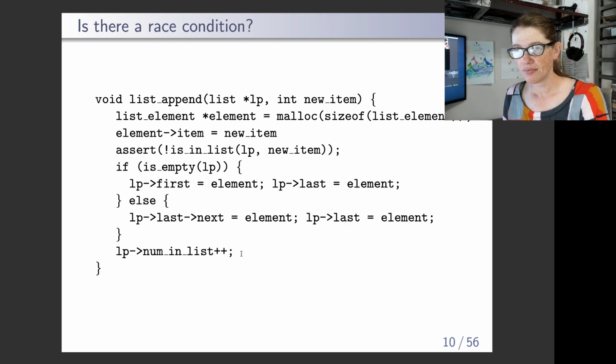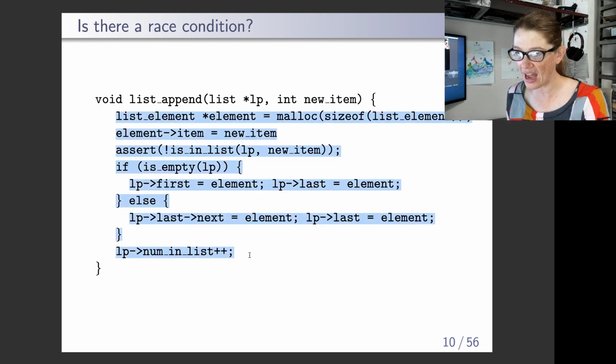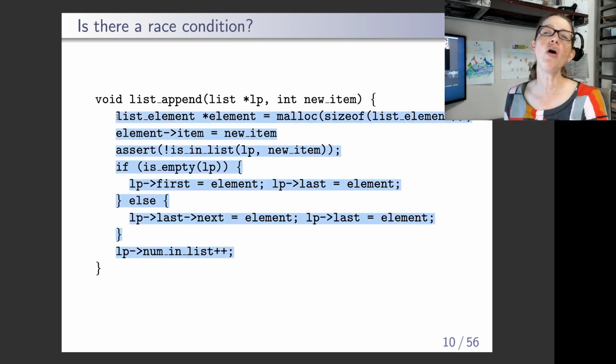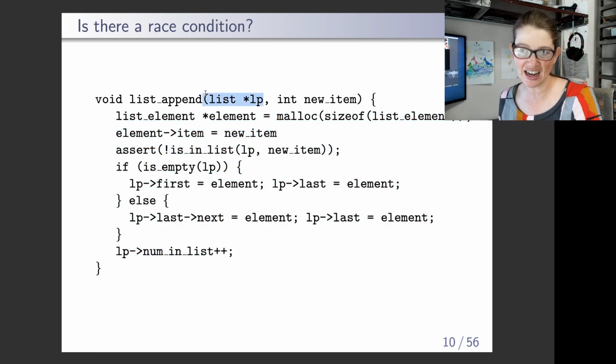All right, so how do we do that exactly? How do we fix our code so that these critical sections, where it's very clear we only want one thread accessing this at a time. It's not so much one thread accessing this region of code. We only want one thread accessing this list at a time.